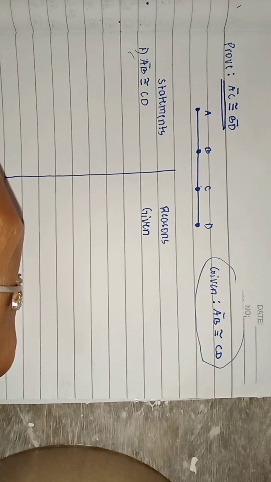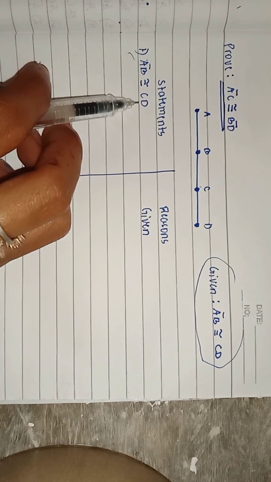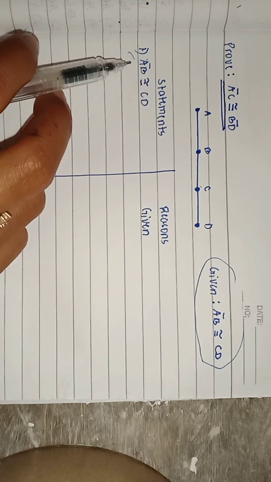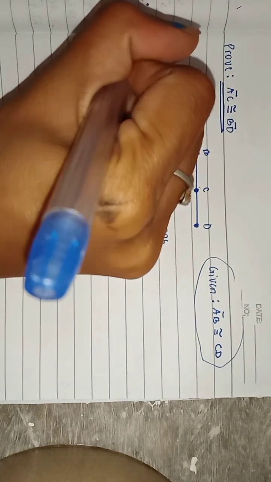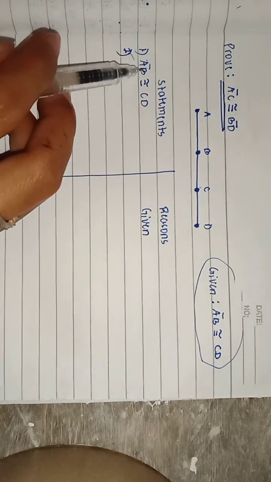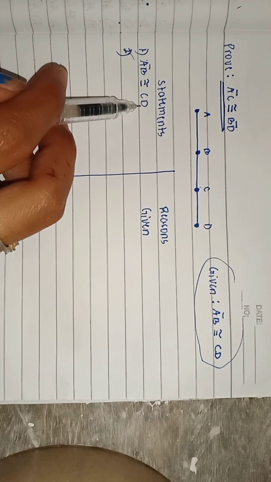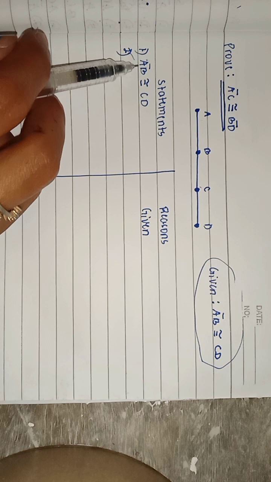If segment AB is congruent to CD, then automatically AB is equal to CD. So since AB and CD are congruent, the segments AB and CD are equal.